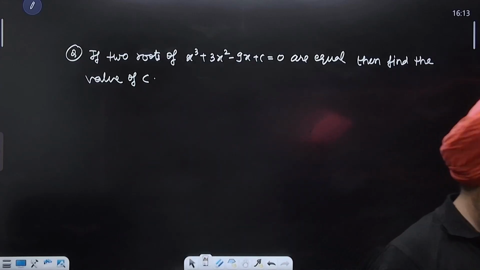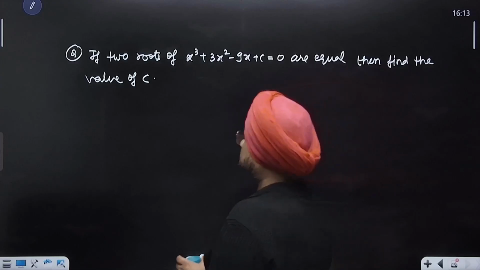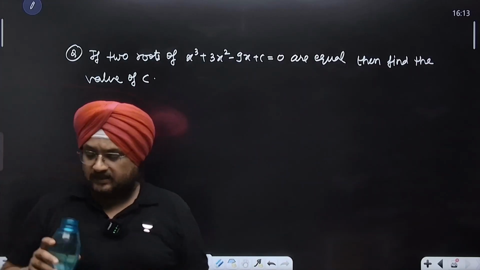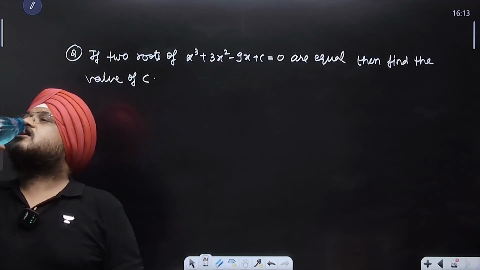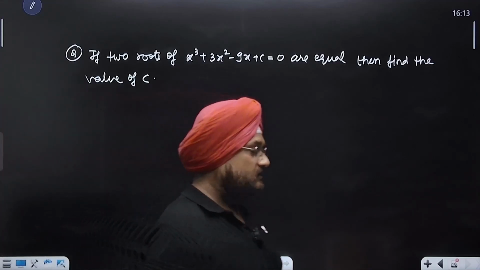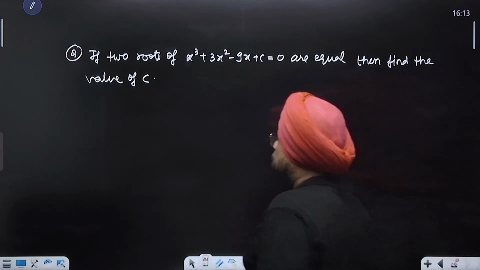The cubic equation is given and two roots are equal, so we can consider the roots as alpha, alpha and beta, and use the concept of sum of roots, product of roots and so on.